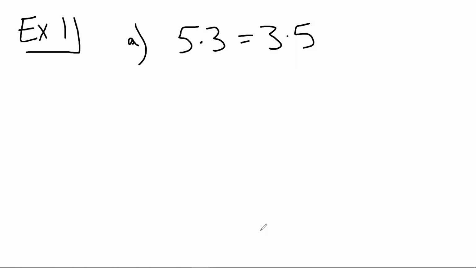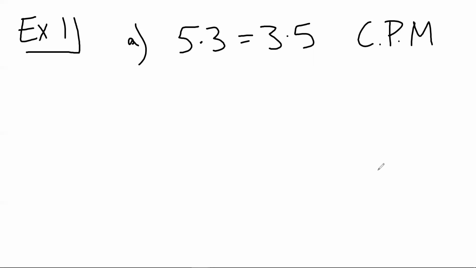Yes, commutative property of multiplication. And the reason it is commutative property of multiplication is because, first off, it's multiplication, so you know it's one of the multiplication ones. And commutative properties, they look like this.